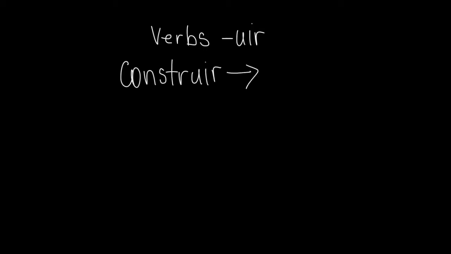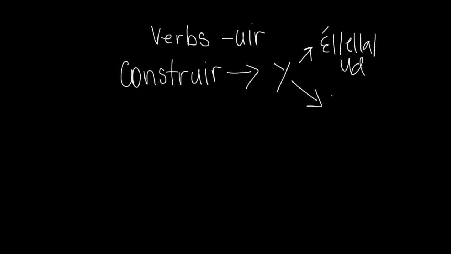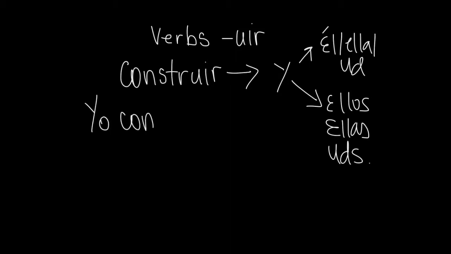So the majority of verbs follow the pattern that we already saw. But let's take a look at another set of verbs, those that end in -uir, such as, for example, construir, which means to build. These types of verbs have a spelling change in the form of él, ella, usted, and ellos, ellas, ustedes. And as a result, the pronunciation is also different.